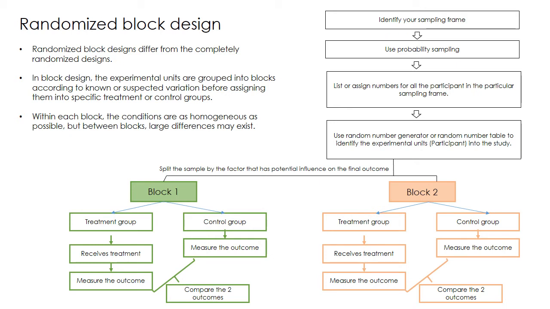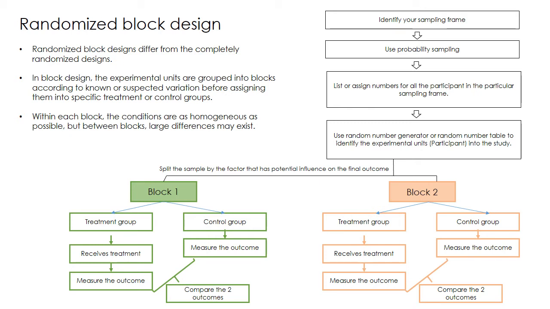Within each block the conditions are homogeneous, meaning the participants within the block are similar and have similar characteristics. To understand better, let me explain the procedure using the same COVID-19 example that we talked about in completely randomized design.